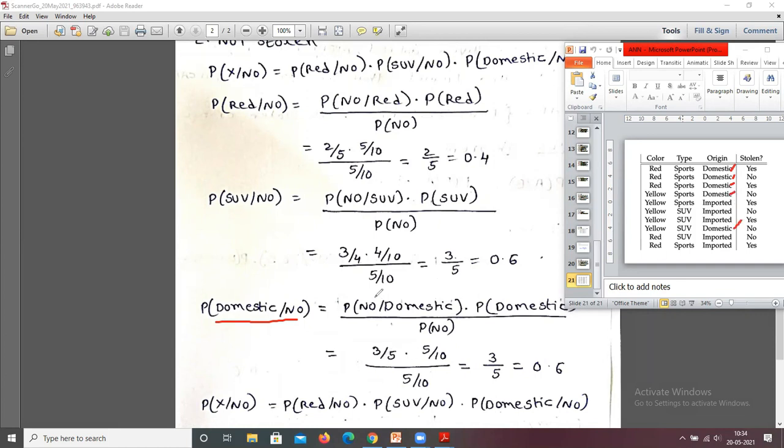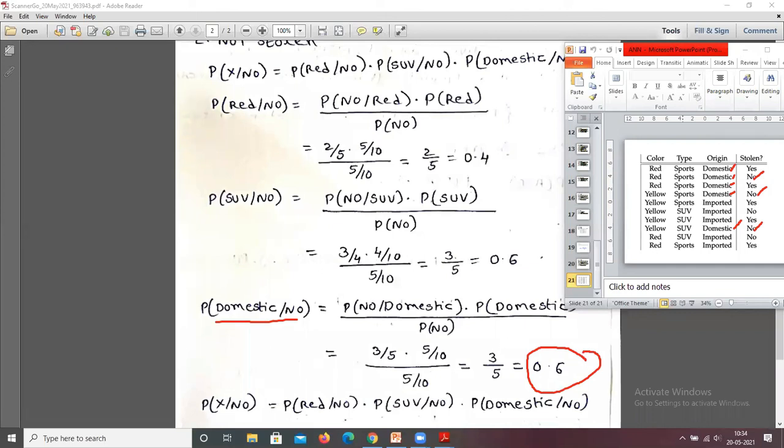So 3 by 5, in this, no's are 3: 1, 2, 3. So 3 by 5 into probability of domestic, 5 by 10, divided by probability of no, 5 by 10. If you calculate this, we get 0.6 as output.